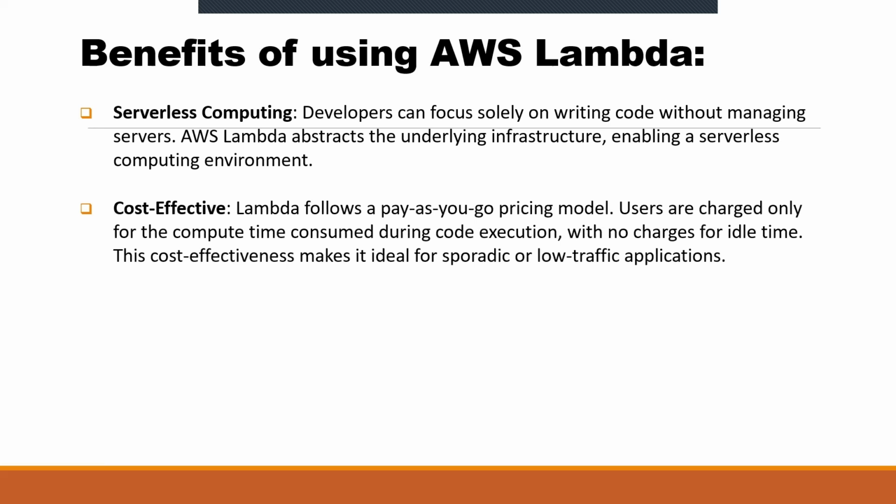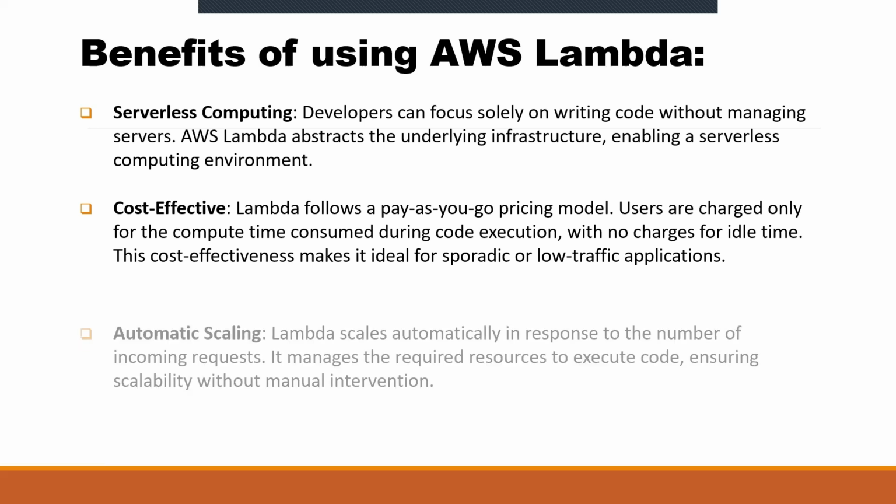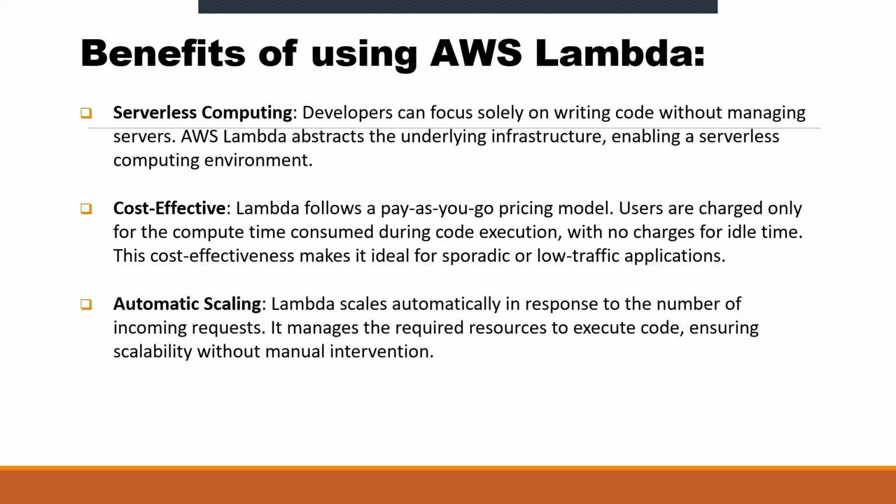Second, cost effective. Lambda follows a pay-as-you-go pricing model. Users are charged only for the compute time consumed during code execution with no charges for idle time. So this cost effectiveness makes it ideal for sporadic or low traffic applications. Third is automatic scaling. Lambda scales automatically in response to the number of incoming requests.